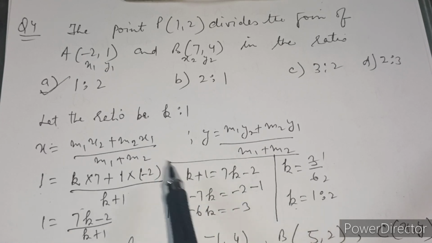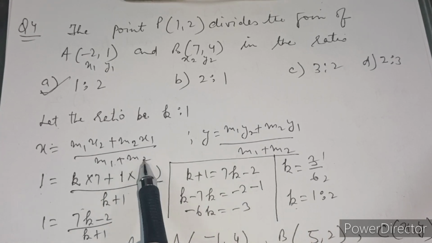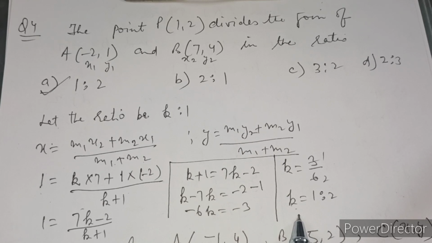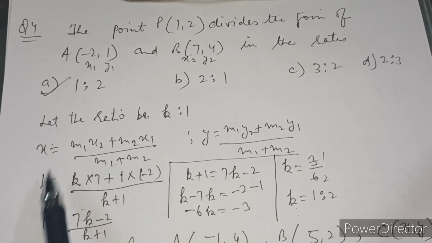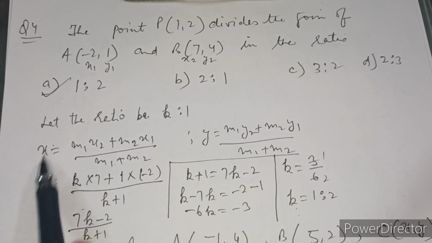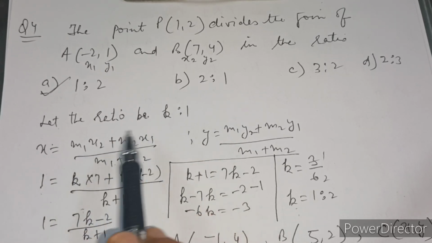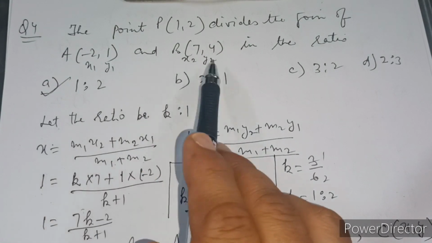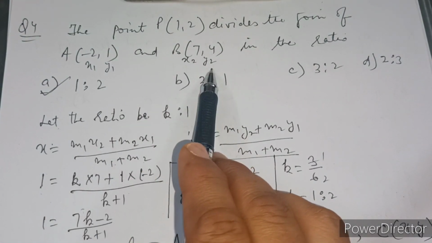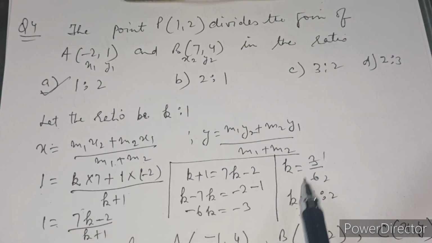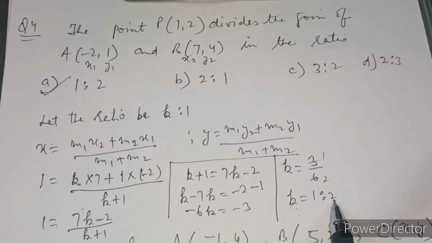This is why we reduce the two variables m1, m2 into a single variable. Okay, so we put the values here: the value of x, m1 as k, m2 as 1, x1 x2 from the given points. Putting the values and solving we get k is equal to 1:2.